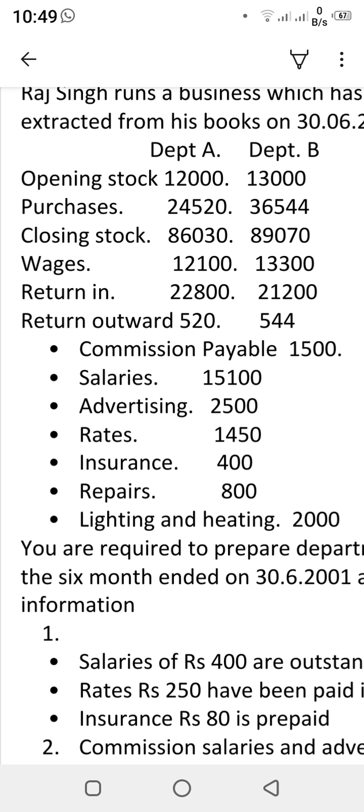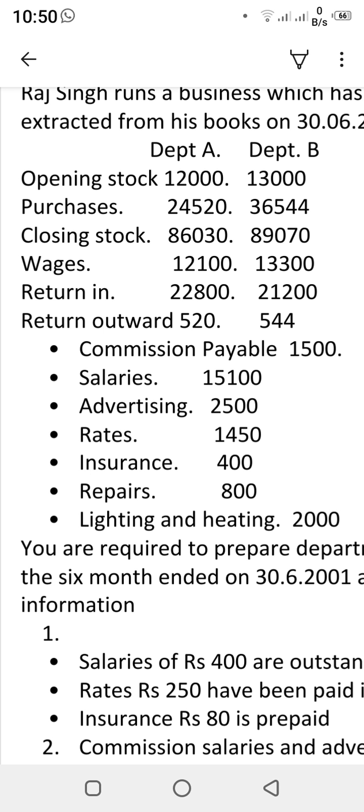There is no need to prepare a separate column for these adjusting amounts. You have to write the amount in that specific column, in brackets. We will do the same with the return inward of department B, which is 21,200. The next is return outward.